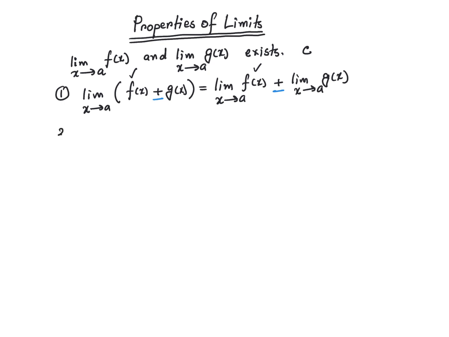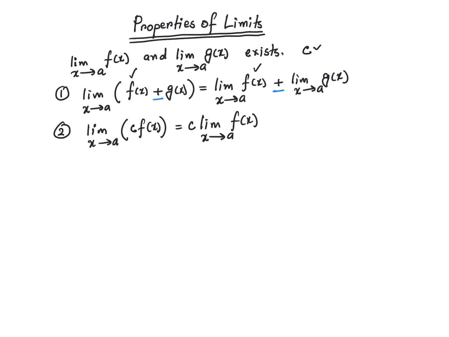So let's consider the constant c. Limit x approaches a, c times f of x, where c is the constant, is equal to, you can pull the constant outside, c times the limit x approaches a, f of x.